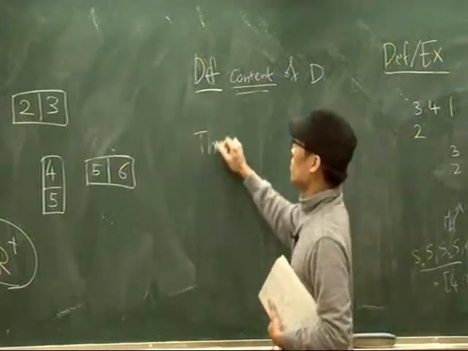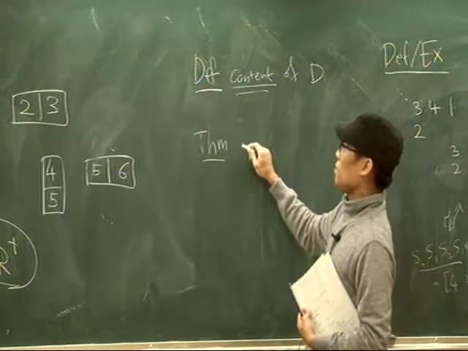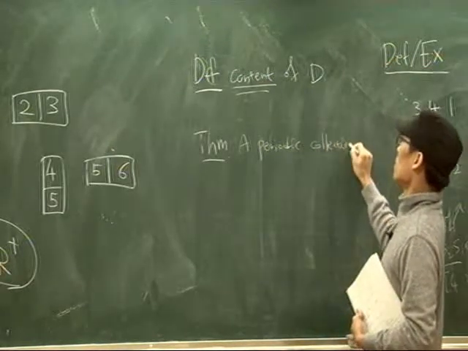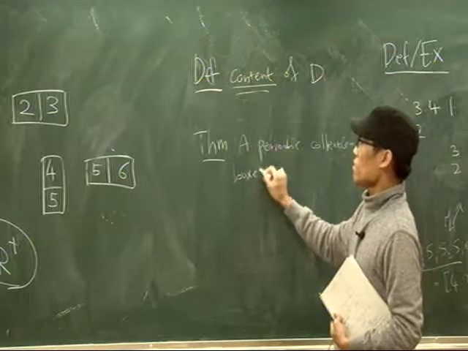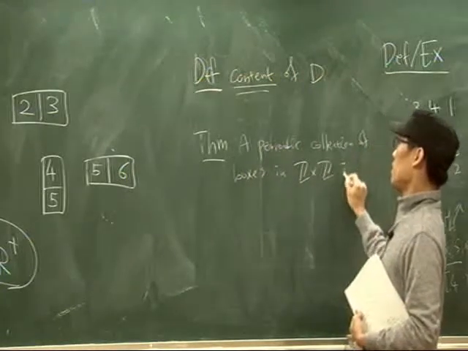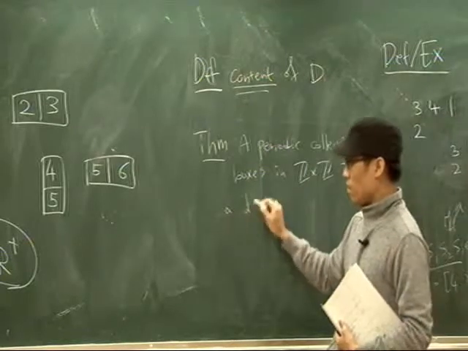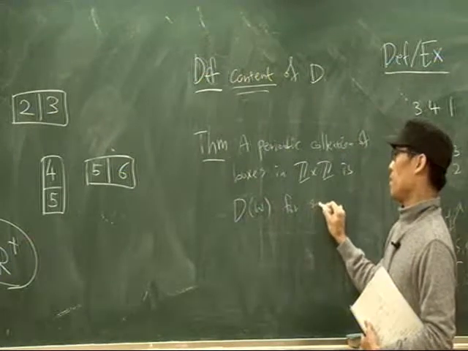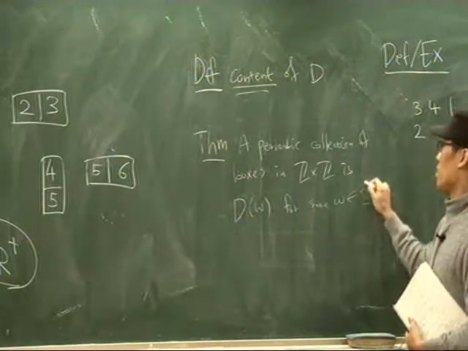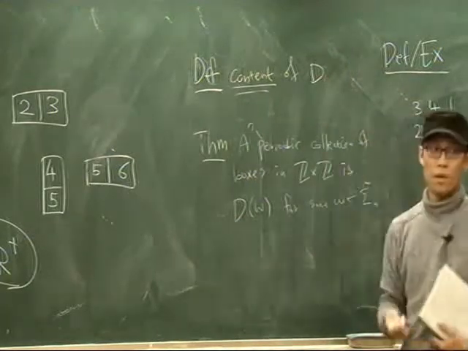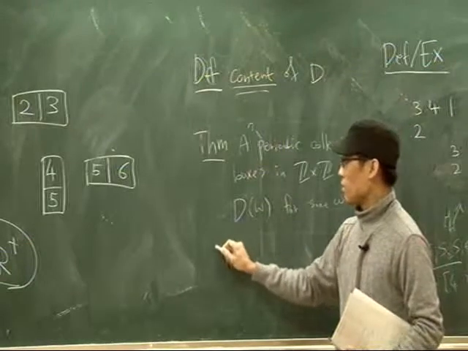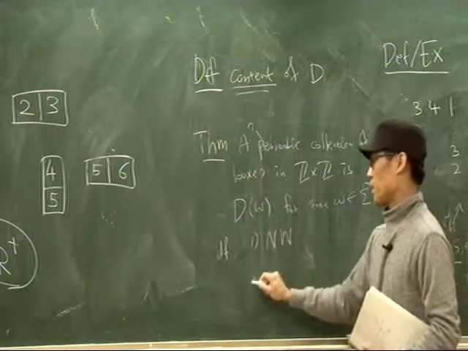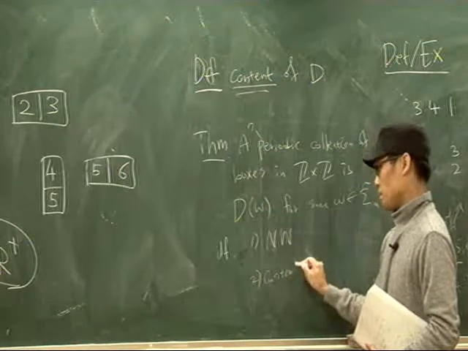And we prove that a periodic collection of boxes in Z times Z is a diagram of an affine permutation for some W, n periodic, if and only if it satisfies this northwest property and there exists a content map.